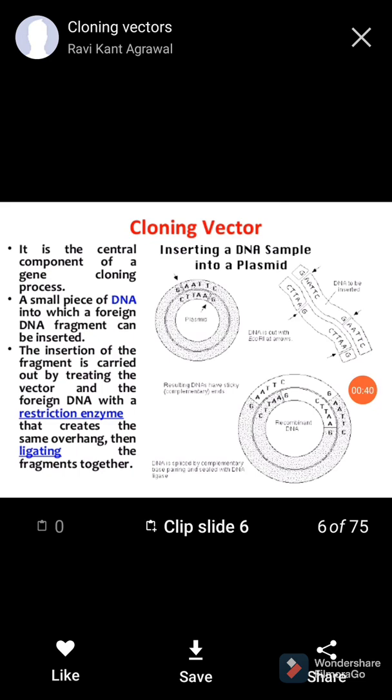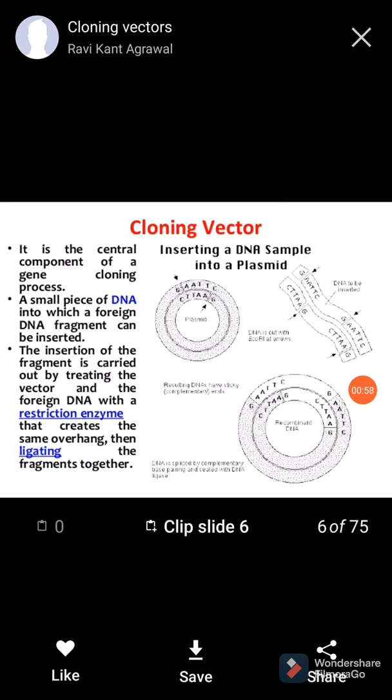These are used for producing proteins, meaning they are able to carry out translation. But transcription vectors are used only to amplify their insert.